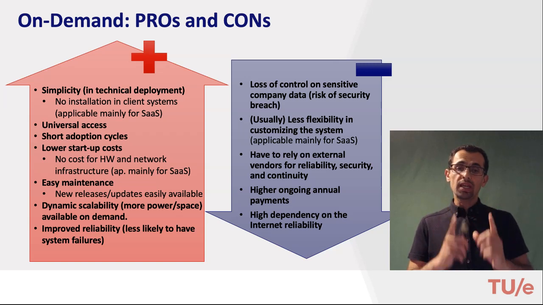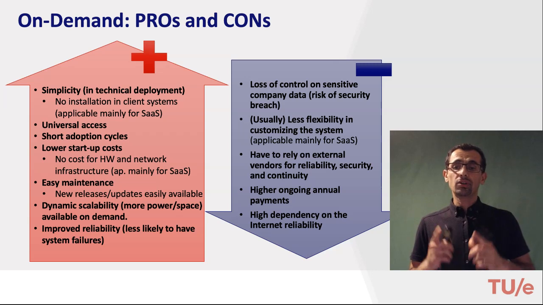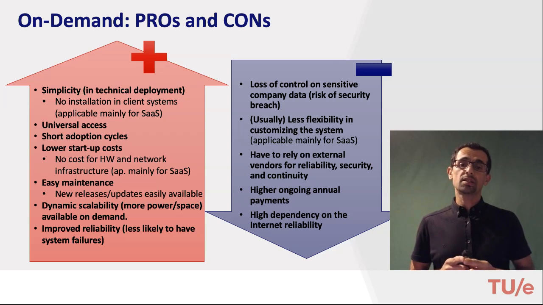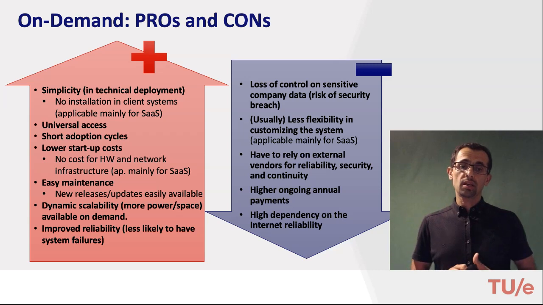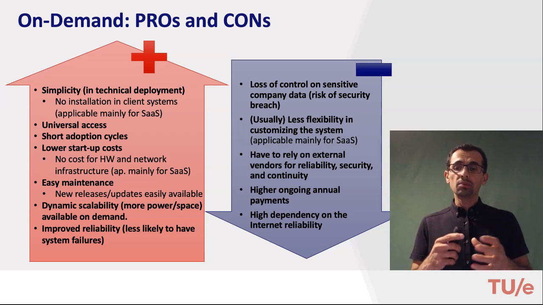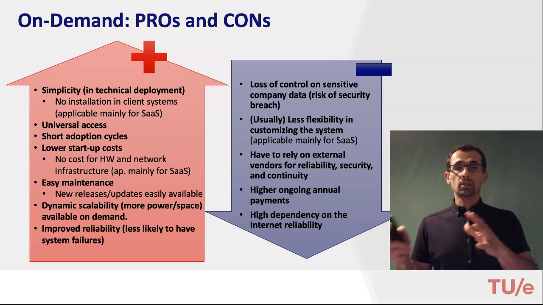It's usually the case that on-demand solutions, particularly SaaS, offer less flexibility in customizing the system to your own needs. Think of Canvas, that's being used by hundreds of universities at the same time. So it's difficult to make a change to the system that we like only on our side, but not on the others.